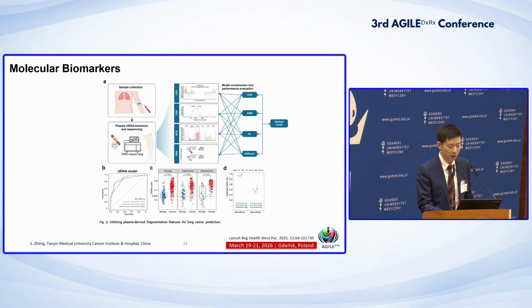At the same time, molecular biomarkers with machine learning models have also been explored for lung cancer risk prediction. Molecular biomarkers can be obtained from the blood, which might include ctDNA, cfDNA, microRNA, or protein-based features.